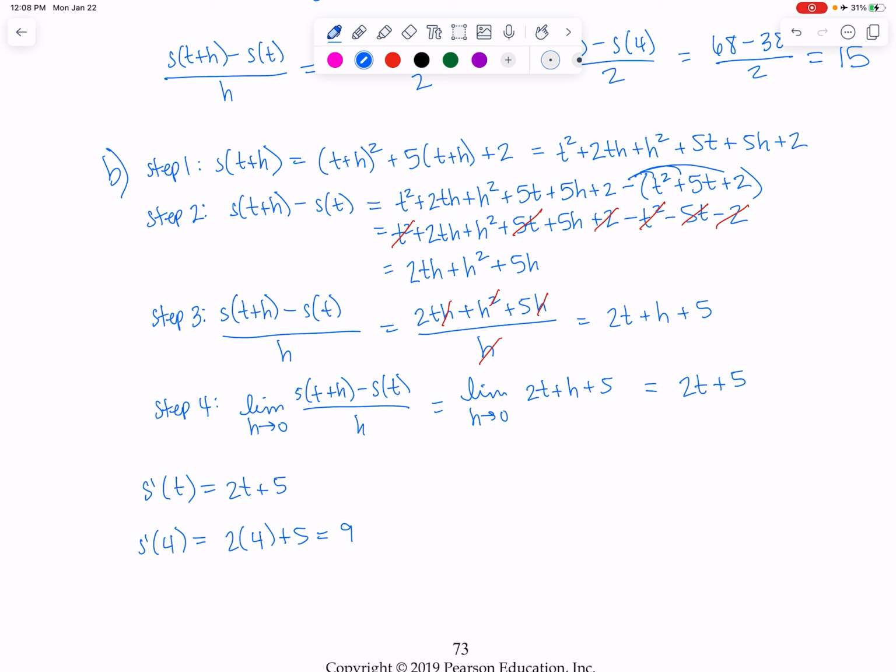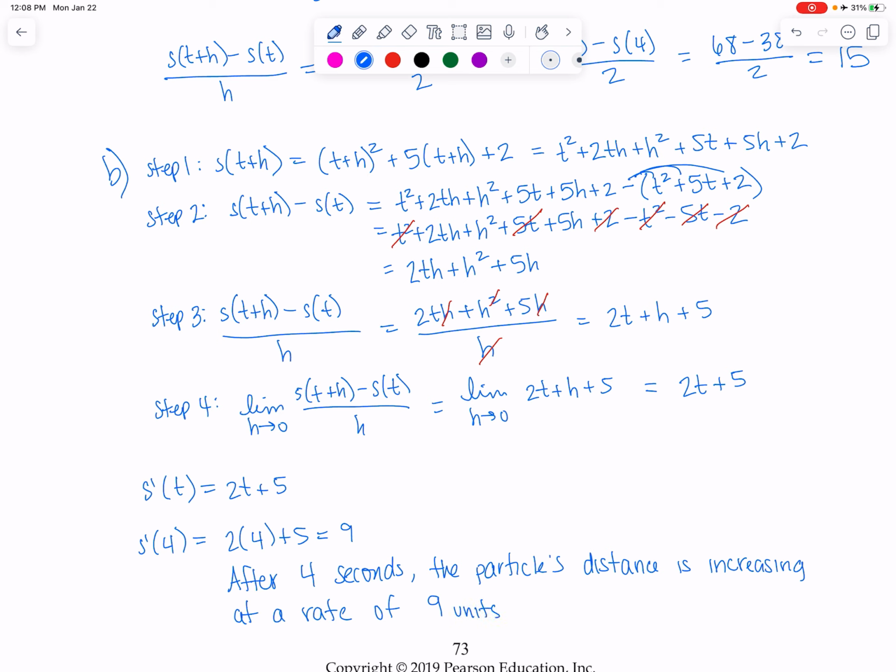So after 4 seconds, the particle's distance is increasing at a rate of 9, and we don't know if it's traveling feet, yards, miles, so we're just going to put units per second because it's not specified. And that's it.